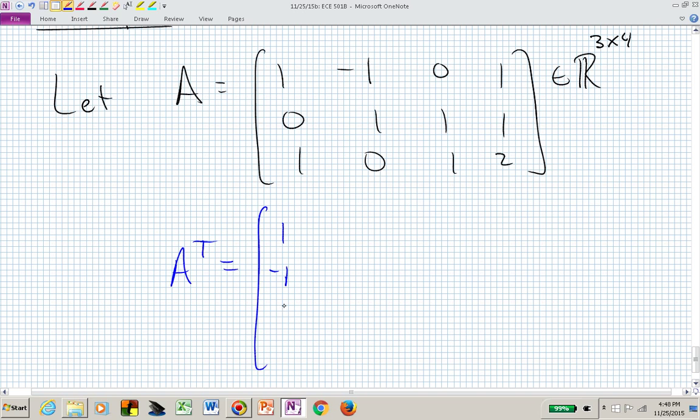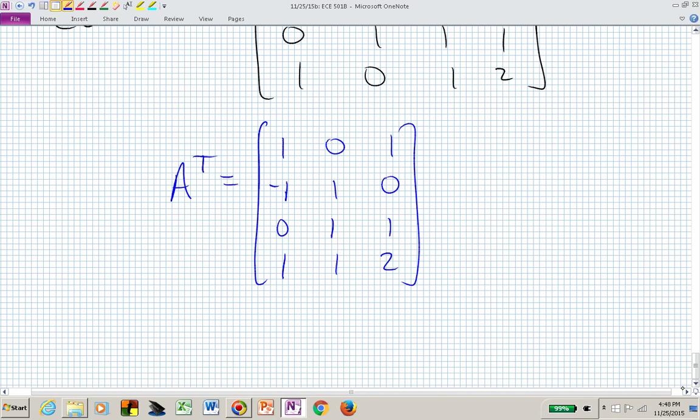The first column of A transpose is the first row of A. The second column of A transpose is the second row of A. And the third column of A transpose is the third row of A. And in this particular case, the domain of A, or the input to A, needs to be a 4-vector.